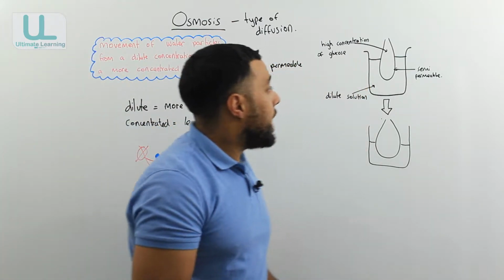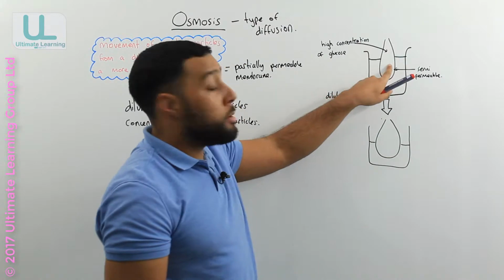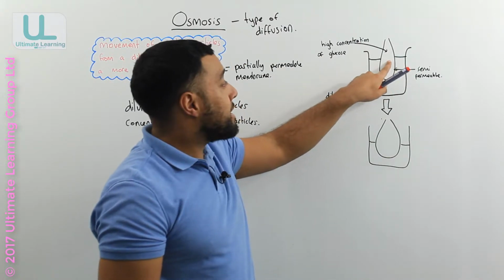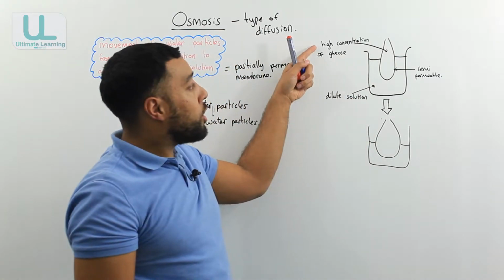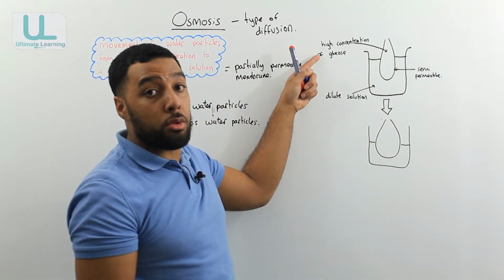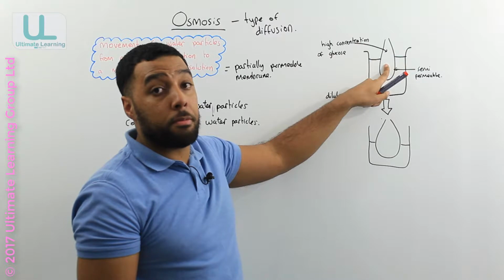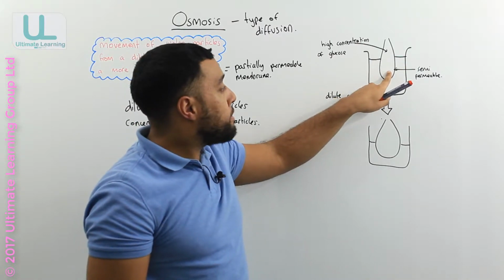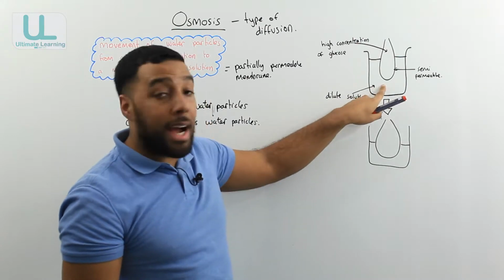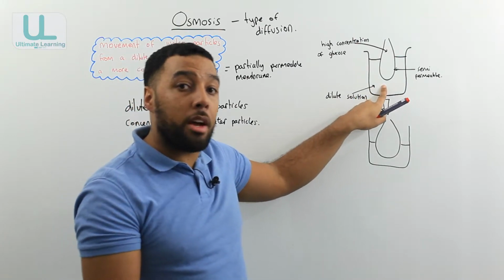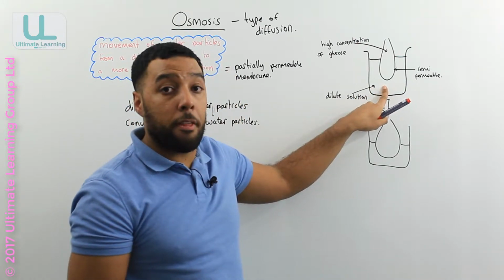Let's look at an example. Here we've got a semi-permeable bag, and in that semi-permeable bag we have filled it with a high concentration of glucose, and this would be a solution. It's placed into some pure water or a dilute solution, somewhere where there's quite a lot of water particles.